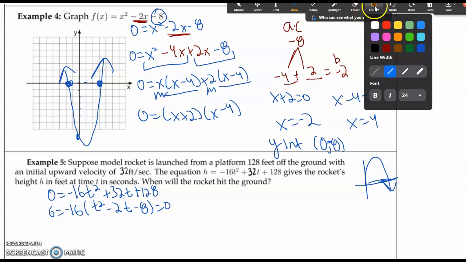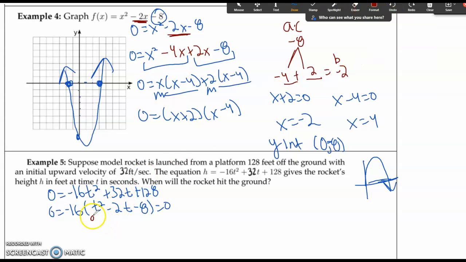So now I'm going to try this with this A, B, and C. My A, B, and C just got a lot smaller. A times C is negative 8. My B is negative 2: negative 4 and positive 2.